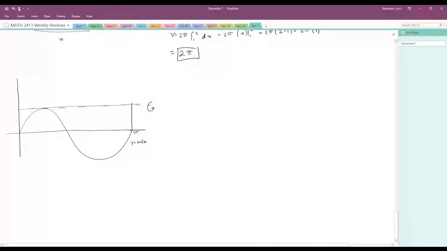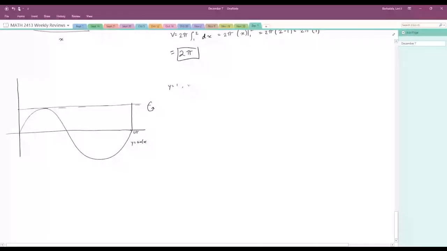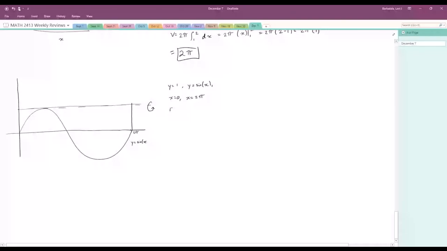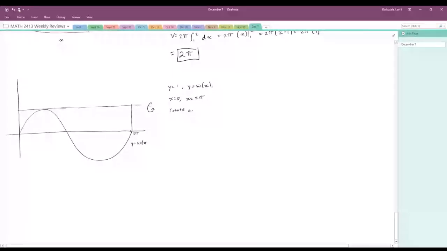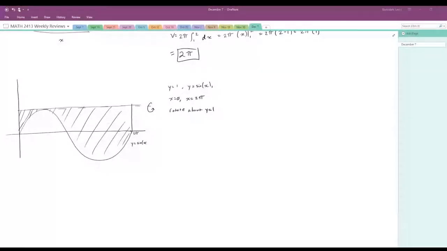So I want the area bounded between y equals 1, y equals sine of x, x equals 0, and x equals 2 pi. Rotated about y equals 1. So that would be all of this area rotated around y equals 1. Again, choose a method and then go with it. Good luck.